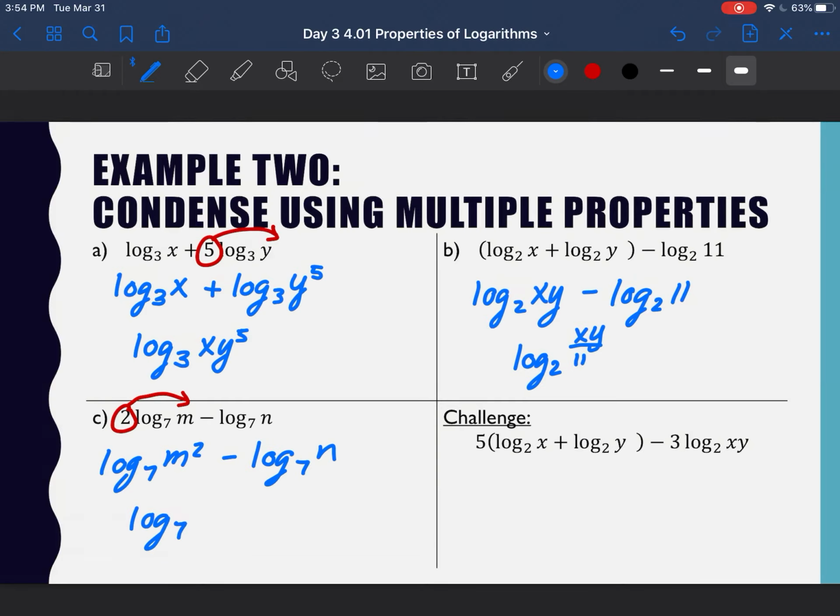Subtraction is going to combine using division, so m squared divided by n. And there's your answers, these are your simplified forms. We're going to be condensing logarithms into a single logarithm once we start solving equations.